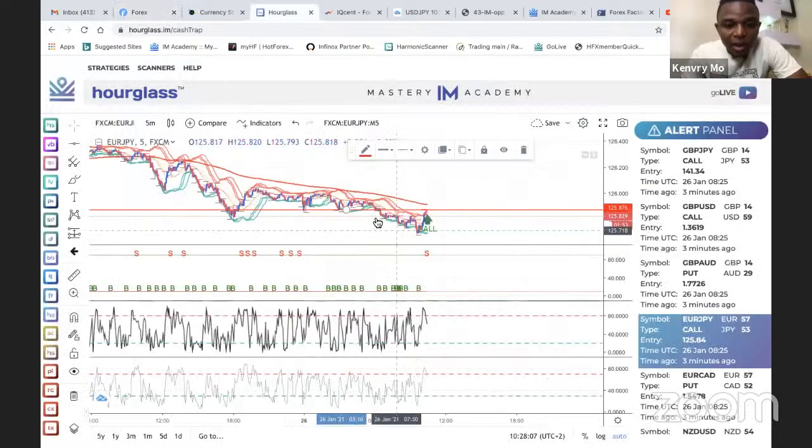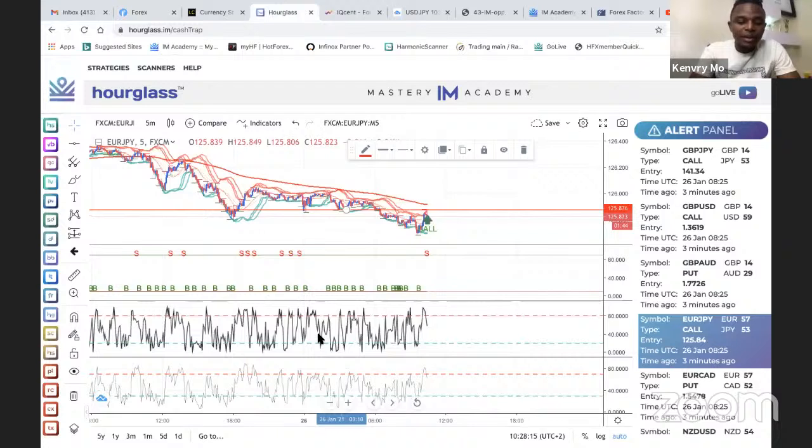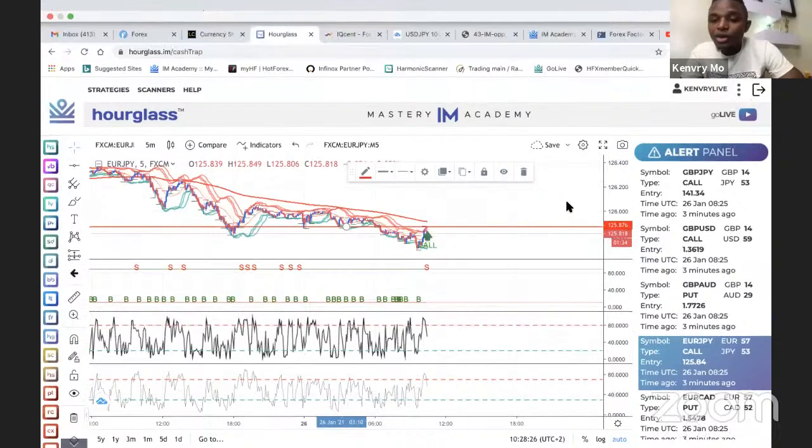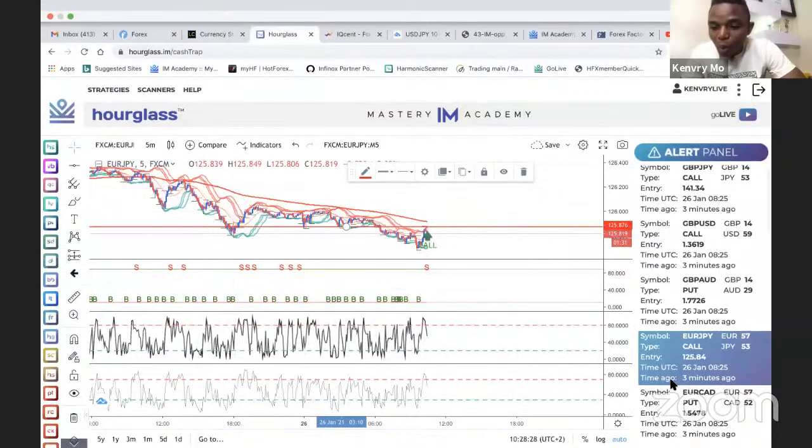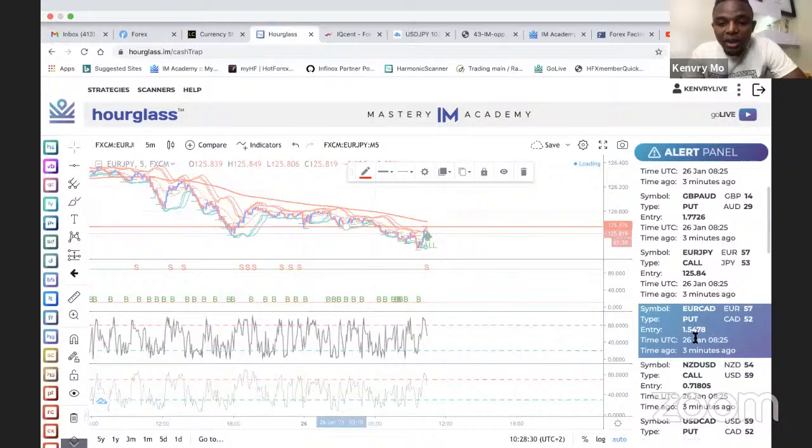So if the market comes to 876 EJ, sell. What I'm just doing is setting up what we'll be looking at, so we know the areas we are looking at.